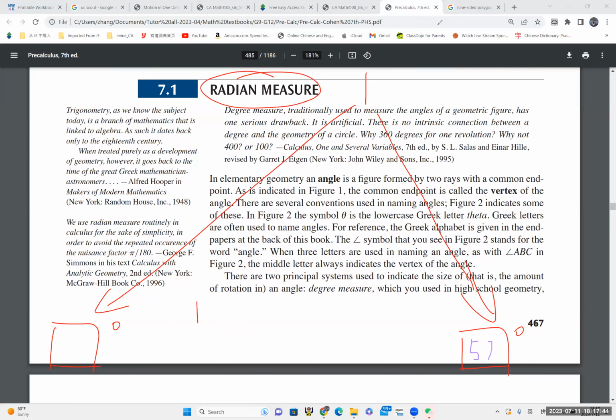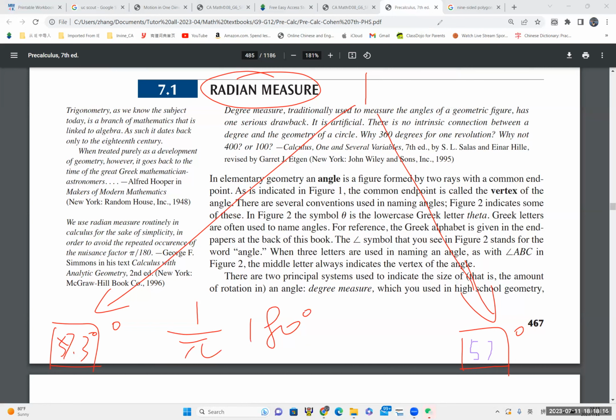So use 1 divided by pi, then times 180. Then we get the answer: 180 divided by pi, about 57.3 degree.